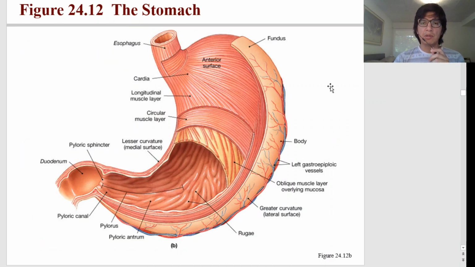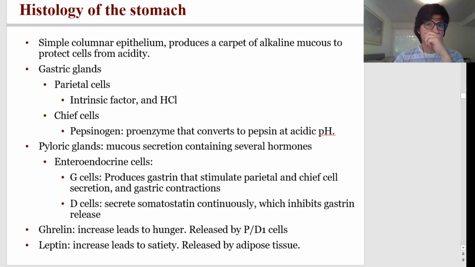So here we have that view of the stomach. This is mostly anatomy, but here's the fundus, the body, your pyloric sphincter, your ruga, and here you have the cardia, and within it we will observe the cardiac sphincter.